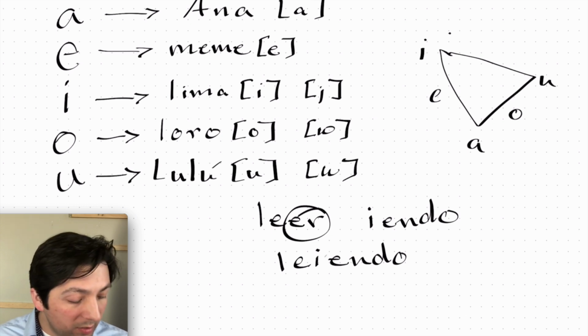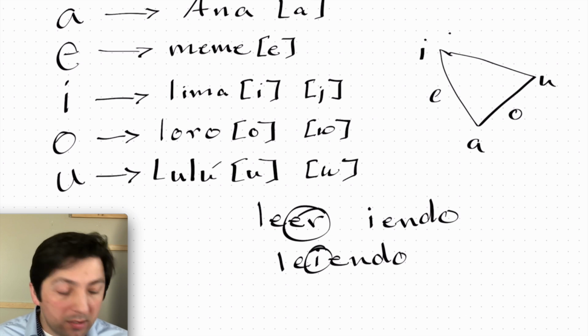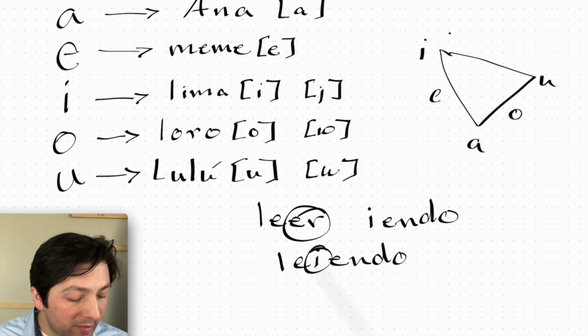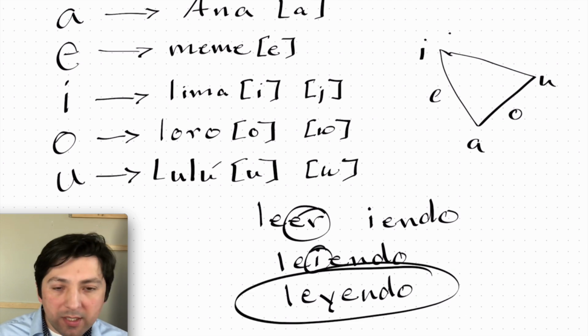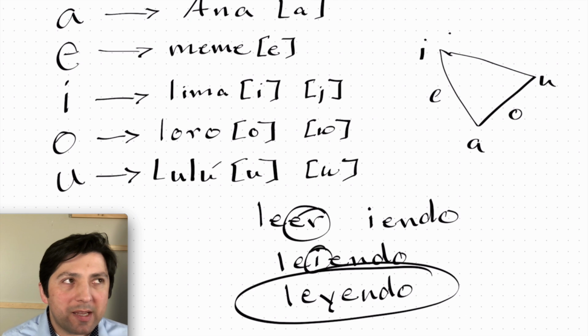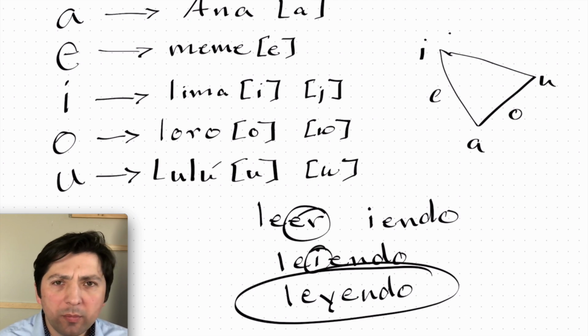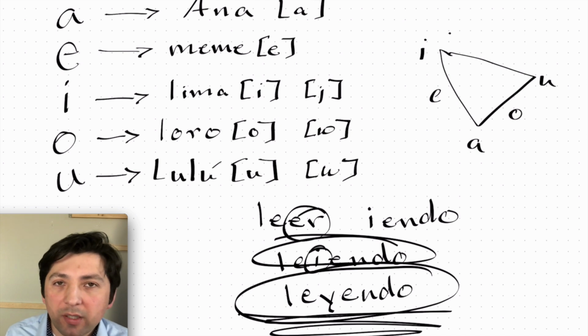And the reason why is you cannot have a glide, that's an I, spelt this way between vowels. So if you have an I between vowels and it's a glide, you have to spell it with a Y. This is the reason why in many textbooks, leyendo is categorized as an irregular form, although it's not irregular because the pronunciation is regular. The spelling just uses a different norm.